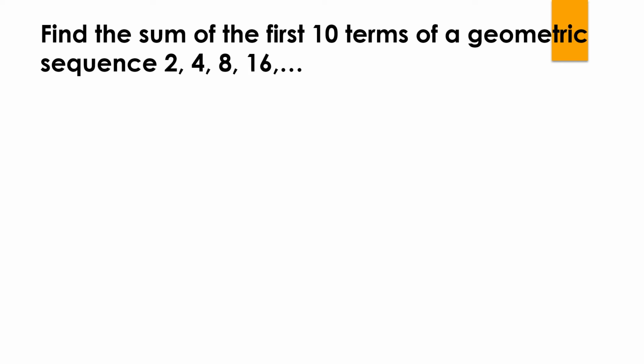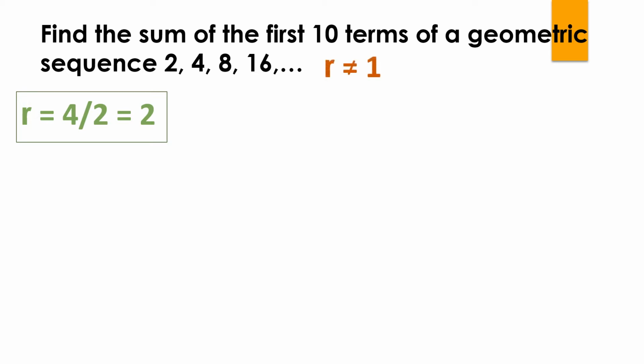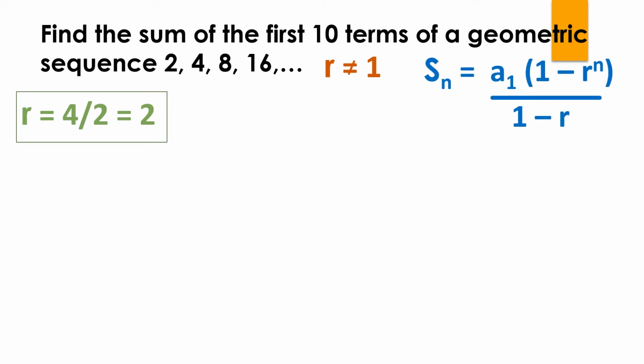Let us find the sum of the first 10 terms of a geometric sequence 2, 4, 8, 16. The common ratio is obtained by dividing 4 by 2, and that is equal to 2. Since the common ratio is not equal to 1, we may use the formula S sub n is equal to a sub 1 times 1 minus r raised to n divided by 1 minus r.